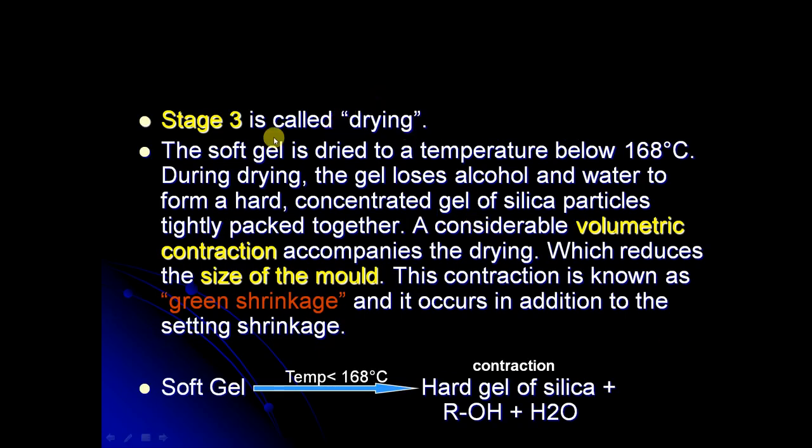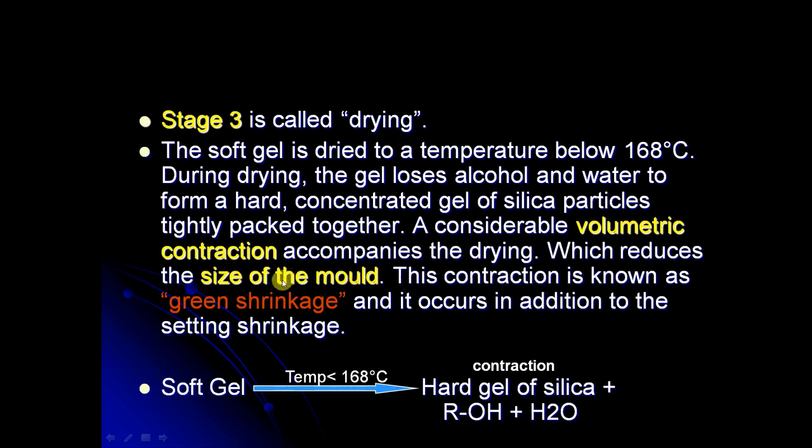Stage 3 is drying. The soft gel is dried to a temperature below 168 degrees Celsius. During drying, the gel loses alcohol and water to form a hard concentrated gel of silica particles that are tightly packed together. A considerable volumetric contraction accompanies the drying, which reduces the size of the mold.